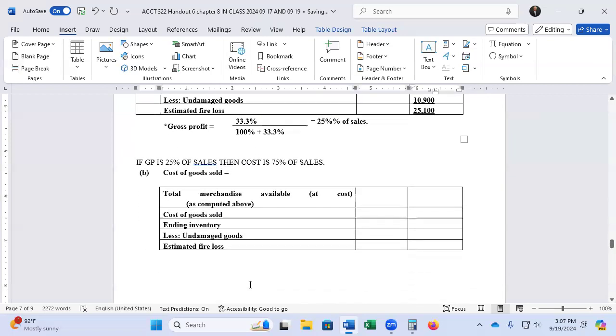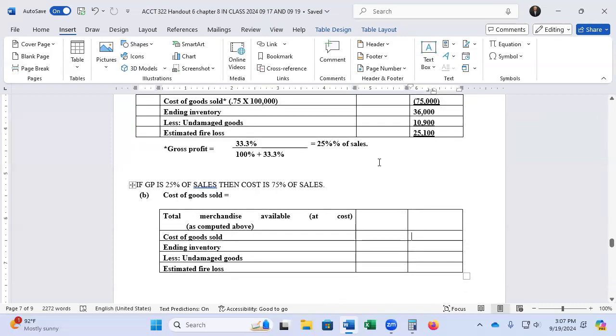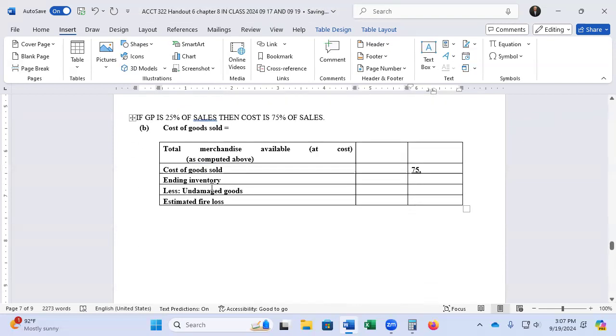Any questions there? So what do we have? 75,000 ending inventory. $36,000.